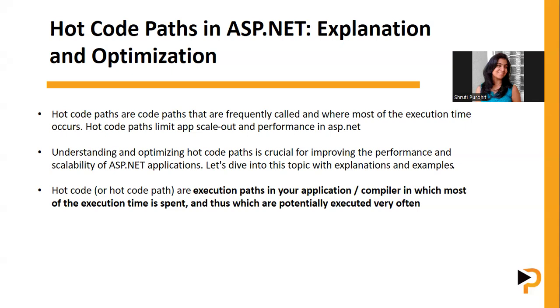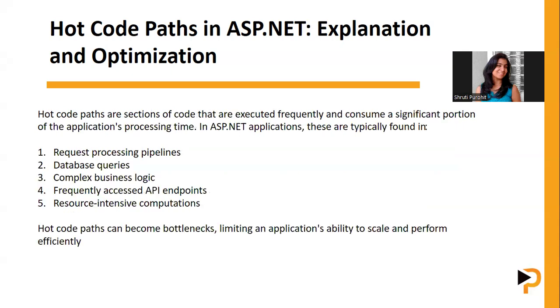So the execution paths in your application or a compiler in which most of the execution time is spent, and thus which are potentially executed very often. So now, hot code paths in ASP.NET are the sections of code that are executed frequently and consume a significant portion of our time.